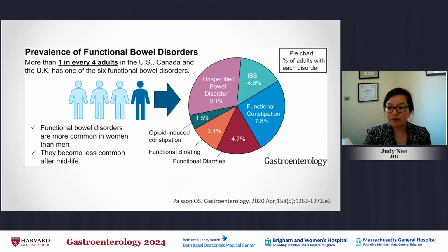This is about half the prevalence comparing Rome 3 to Rome 4 because of a change from abdominal pain or abdominal discomfort to the Rome 4 criteria of only abdominal pain with a change to the bowels. Functional bowel disorders are more common in women than men, and they become less common after midlife.